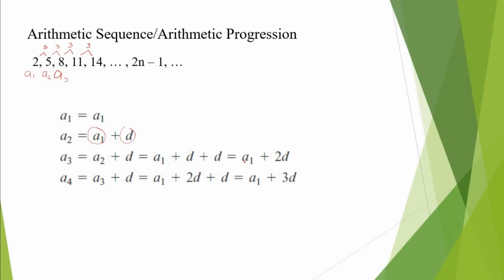So our A3 is equals to A1 plus 2D. So we now have this corresponding pattern. As you can see, if we are going to continue, our A4 is equal to A1 plus 3D. So we have a common pattern here.